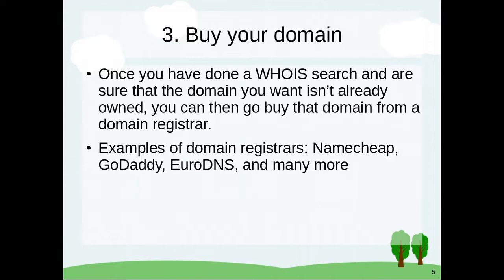And once you know that a domain is available by doing a whois search, you can go to a domain registrar and actually buy the domain. And here are some examples of domain registrars: Namecheap, GoDaddy, EuroDNS, and many more. And in this video, I'm going to use Namecheap to buy this domain, and I'm going to show you how to do it.